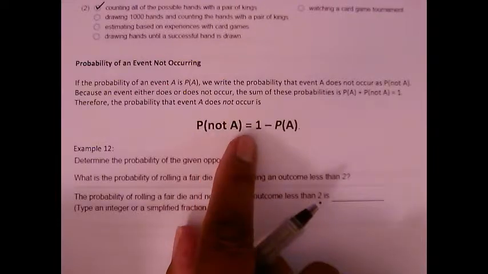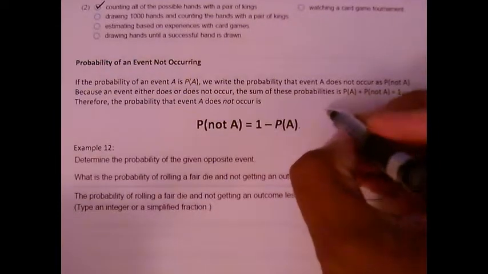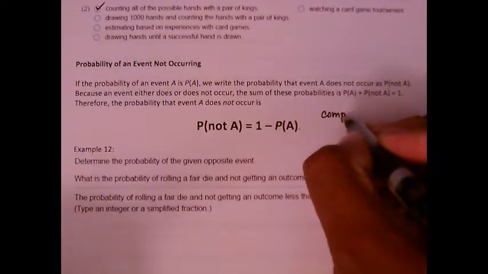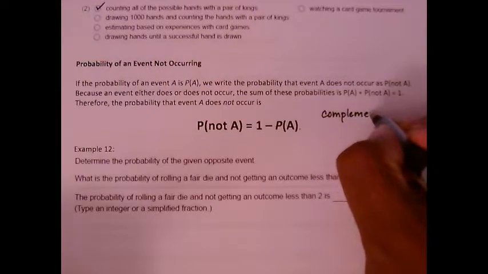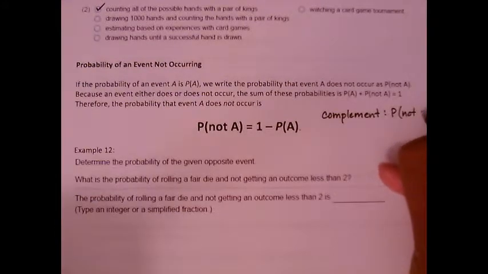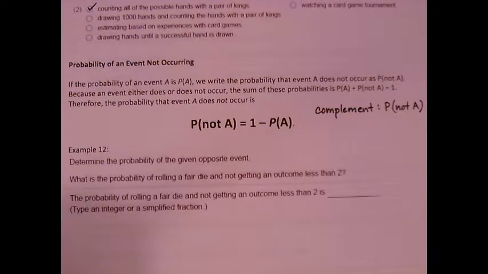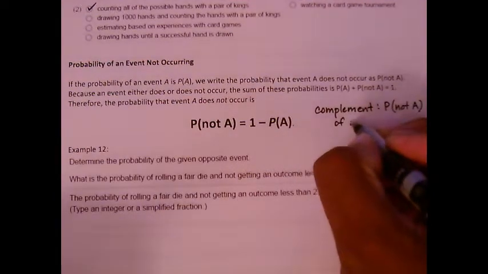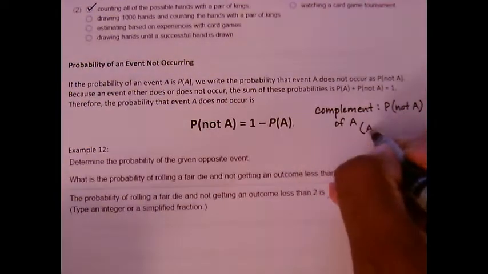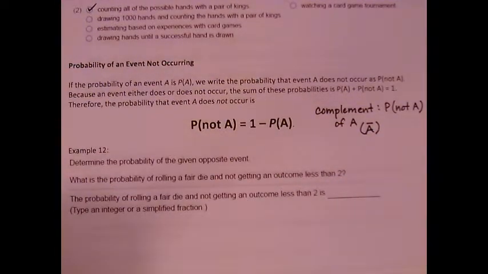The probability of not A equals 1 minus the probability of event A. Now, we usually call that the complement. So that complement would be the probability of not A occurring. So here we call that the complement of A. And sometimes they use the A with a bar to indicate the complement of event A as its notation.